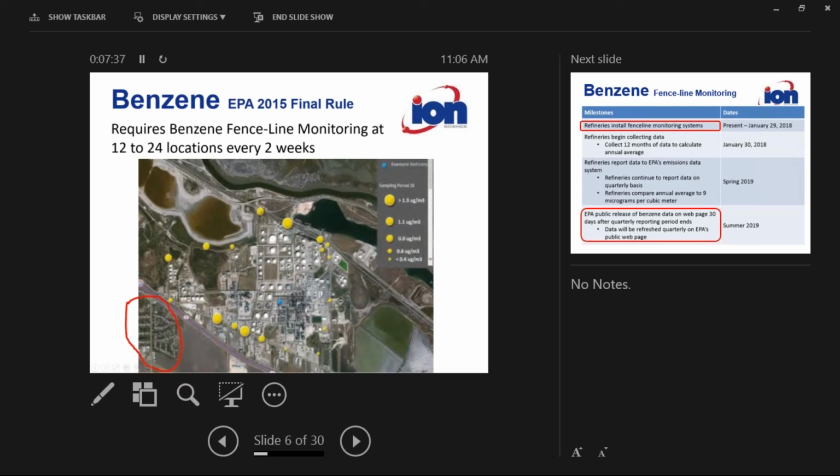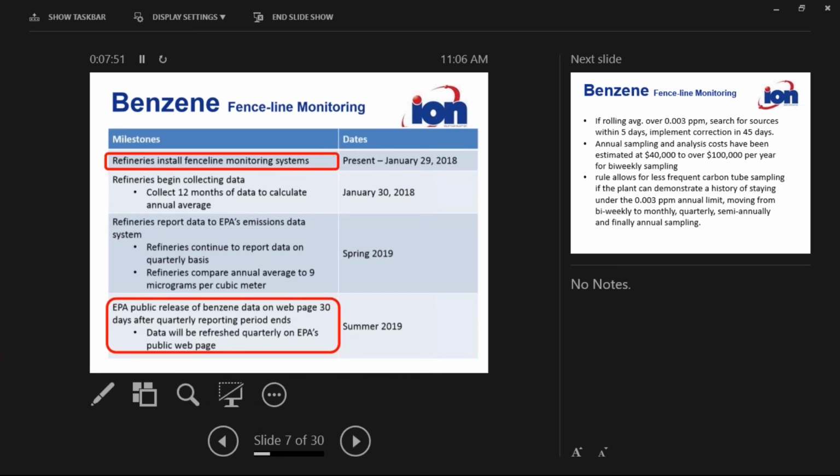I don't know if you can see this on my cursor, but here's a nearby neighborhood, and there's a refinery, and they're requiring monitoring around the fence line at various locations. This monitoring is due to take effect early next year. By then, refineries need to have these systems installed.